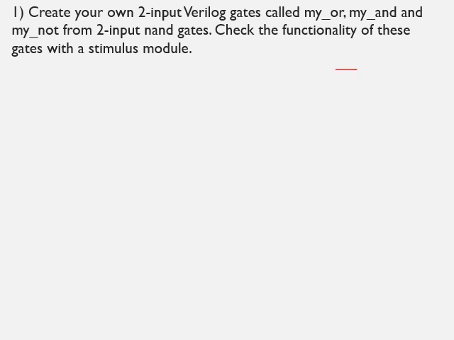So I have a two input NAND gate. If I short the inputs and give a signal A, the output will be, say, C1 equal to A bar. So this will be my NOT gate. Okay. My AND gate.